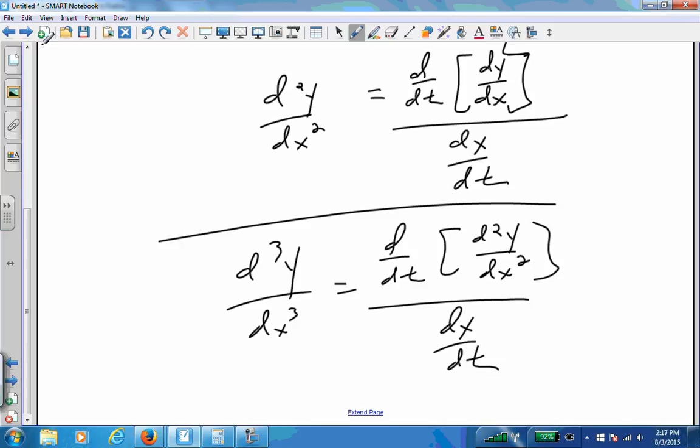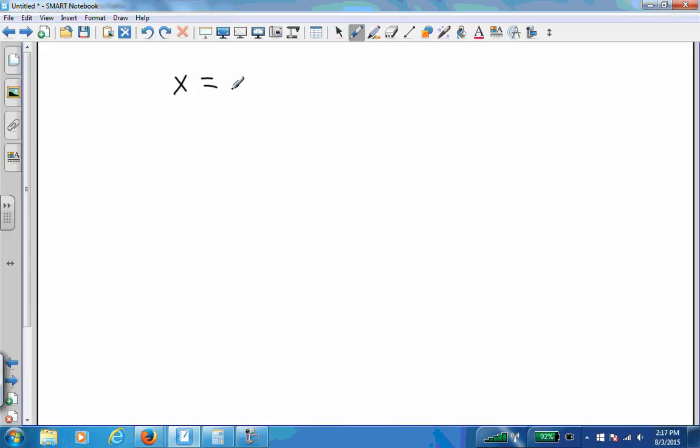So they give an example in the book. They say, let's suppose x equals the square root of t, y equals 1/4 t squared minus 4. You take the derivative of the second derivative with respect to t, and then divide that by dx.